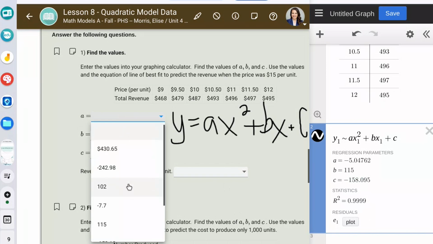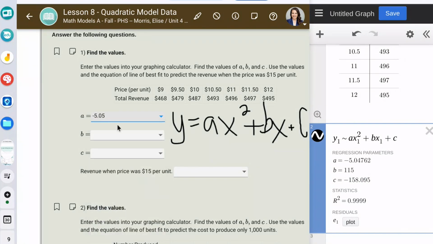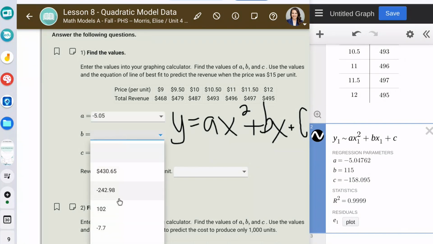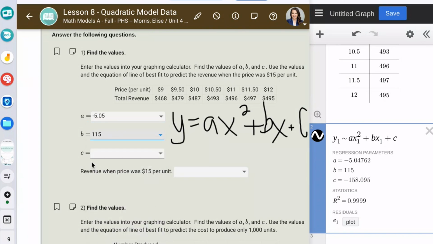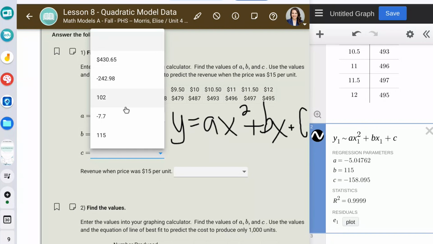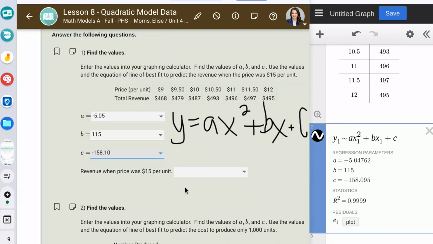So our a value is negative 5.05, our b value is 115, there it is. And the C value is negative 158. There we go. So that is the equation that best fits this set of data.